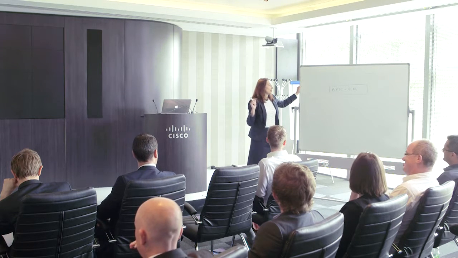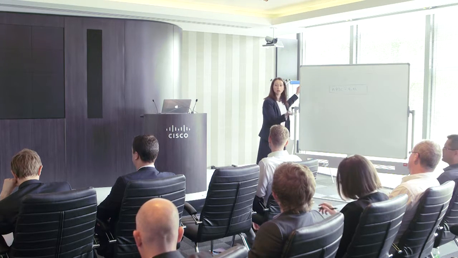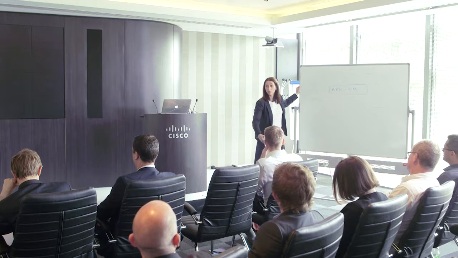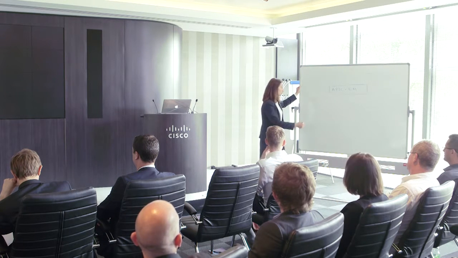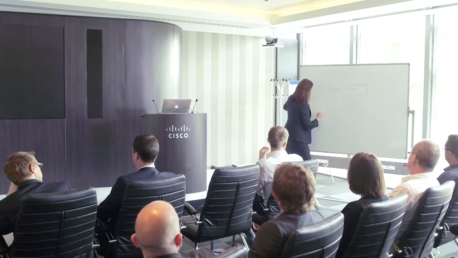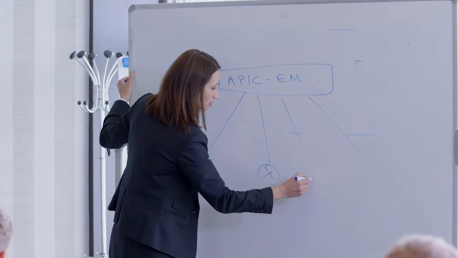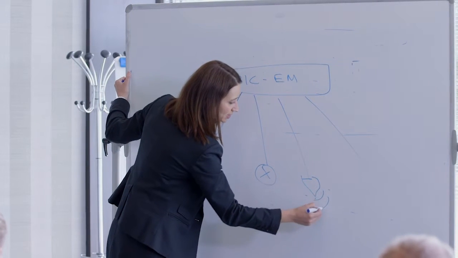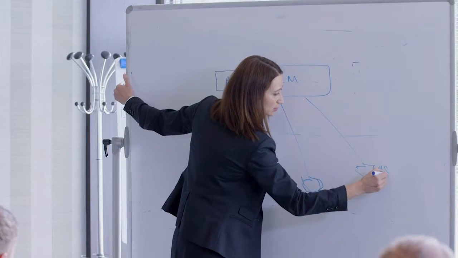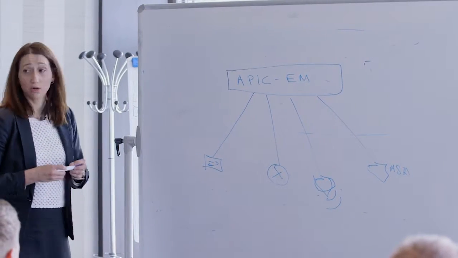So our SDN controller takes the intelligence out of the network so it is able to interact with the network, control the network, but also extract information from the network. So here is all your infrastructure, your switches, your routers, your wireless access points, your firewalls, whatever you have in your infrastructure is seen by that controller.